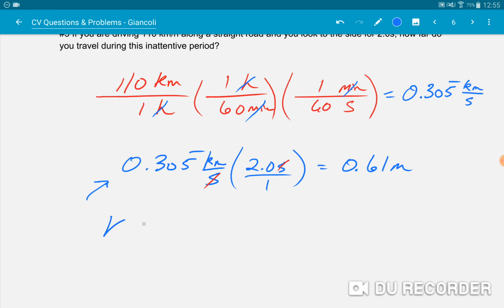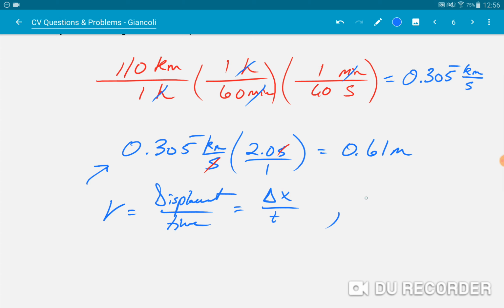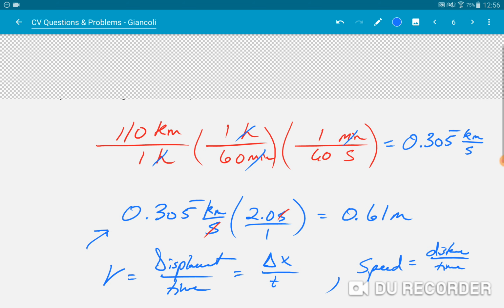I know that velocity is some displacement over time. Another way to say that is it's some change in position over time. I also know that a speed is a distance per time, and we don't have fun abbreviations for speed and distance because we don't use them as much.